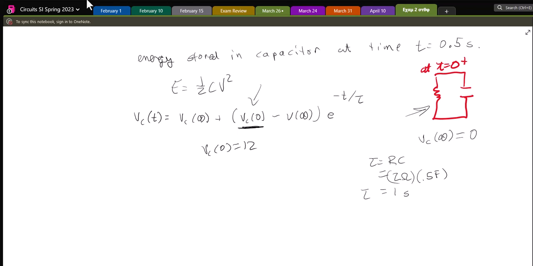I don't know what y'all have used in class. Typically, people will say 5 time constants, because it's decaying. It's exponential decay. So after 1 time constant, you have 1 over e left of what you had when you started.